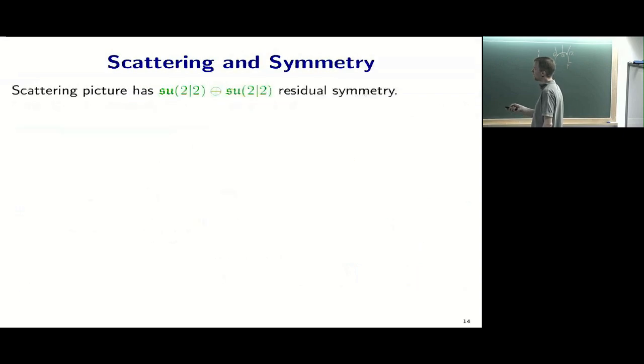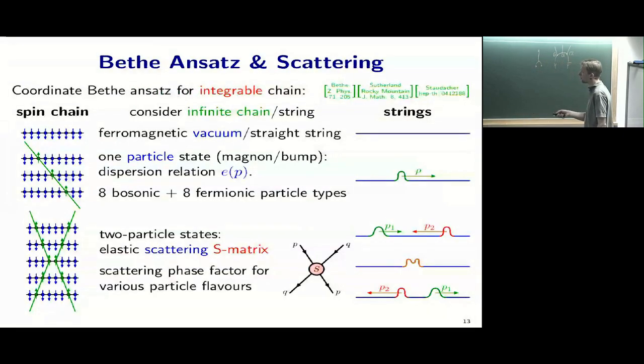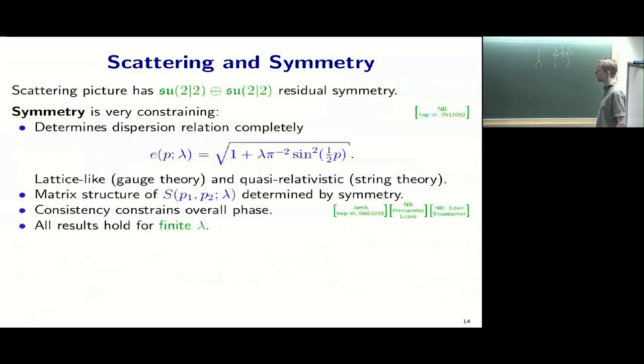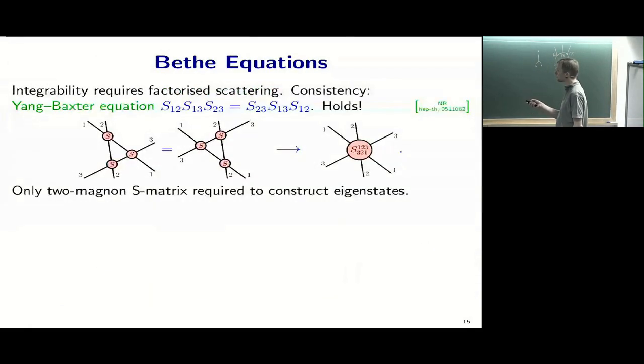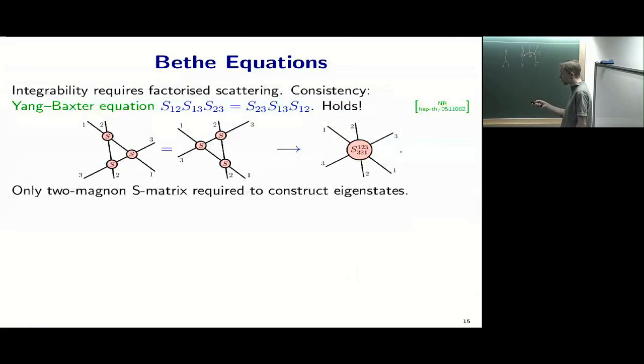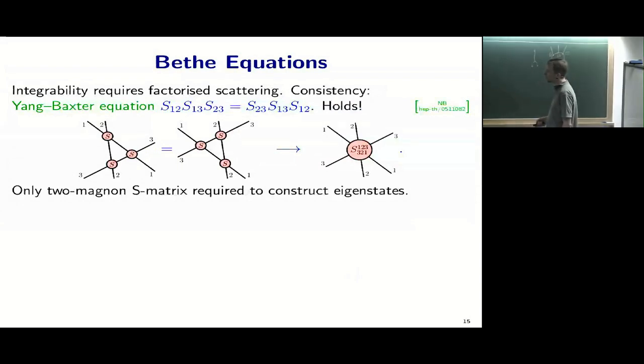Okay, so this here tells you how this infinite chain or the infinite string behaves, but it doesn't quite tell you anything about the spectrum yet. Before we get there, we also have to consider more than two particles. For that, we need factorized scattering, because integrability implies factorized scattering. And for factorized scattering, you need that the Yang-Baxter equation holds.